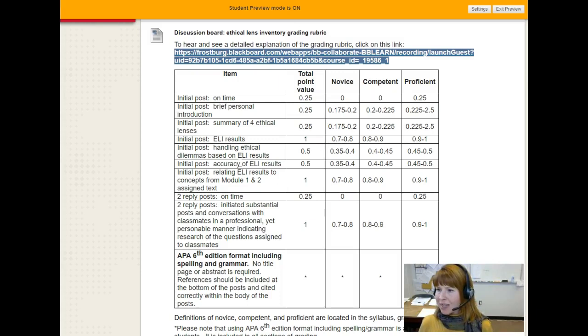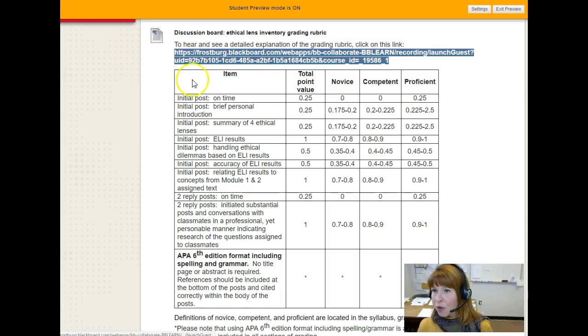A lot of times, I think things get lost in translation when you only use the written word, and sometimes it really helps to be able to unpack that and look at each item and make sure you really understand what is being asked of you. We use grading rubrics in all of the major assignments. And if there is any room for confusion or misunderstanding, I'd like to be proactive and clear that up ahead of time. So let's take a look here.